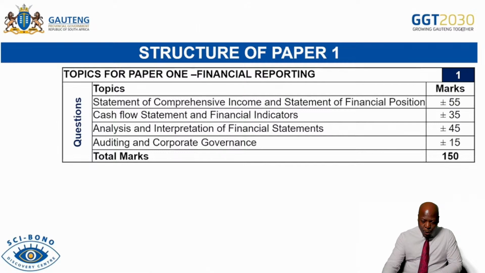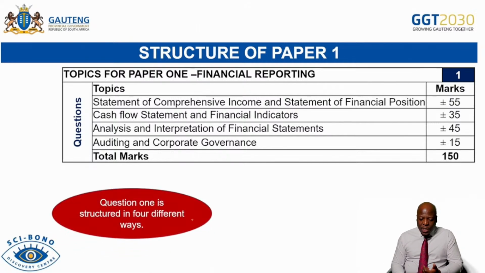All right, so the structure of paper one. Question one is structured in 4 ways. So you will see that your question 2, your cash flow statement and financial indicators, and your question 3, which is the analysis and interpretation of financial statements, and question 4, your auditing and corporate governance.